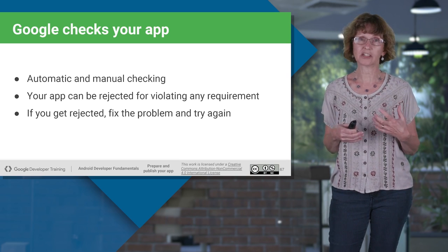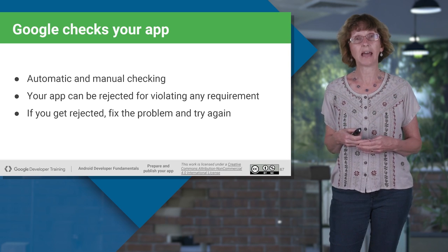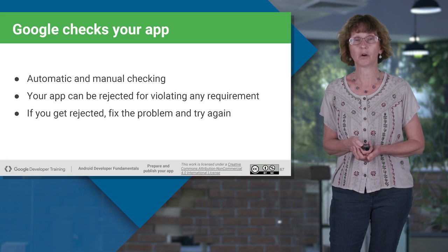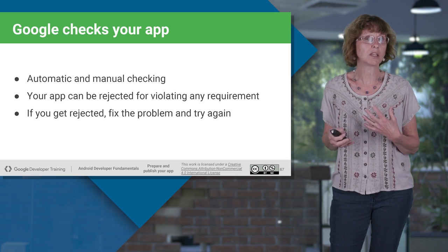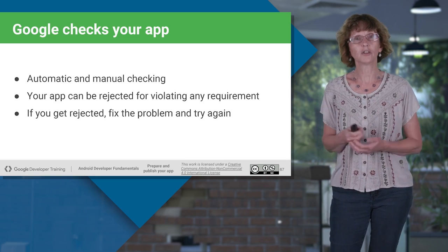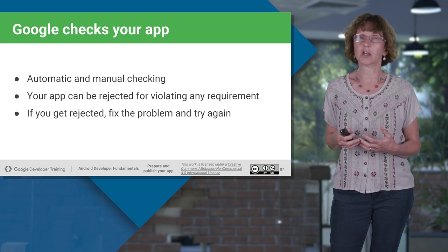There's some automatic checking that happens to make sure that you've met all those requirements. There's also some manual checking, where people may or may not manually review your app. For example, for some of the compliance policies, the only way we detect violations is by manual checking. So your app can be rejected for violating any of the requirements.